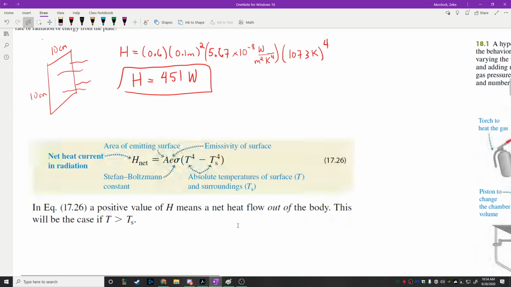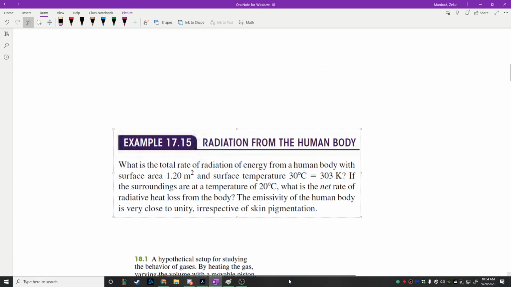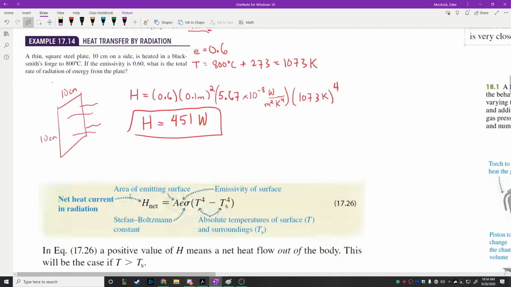Okay, and a positive value means a net flow of heat out of the body. This happens if T is greater than Ts, but of course, if you have, let's say, an ice cube that's surrounded by air, then the surroundings would heat up the object. But it has to be radiation, so let's see how that works out with this problem here.